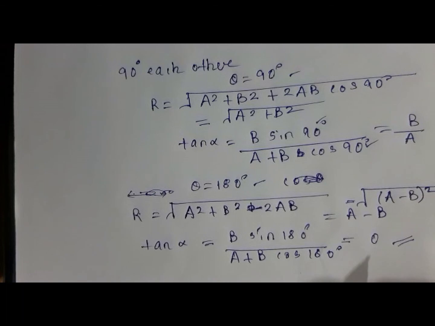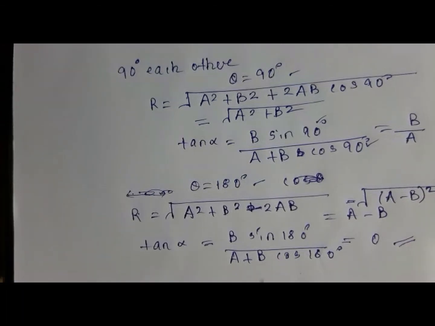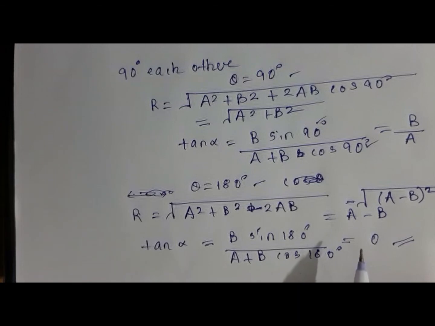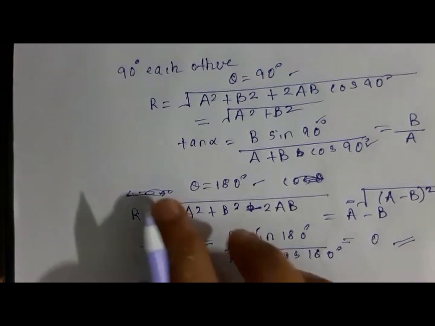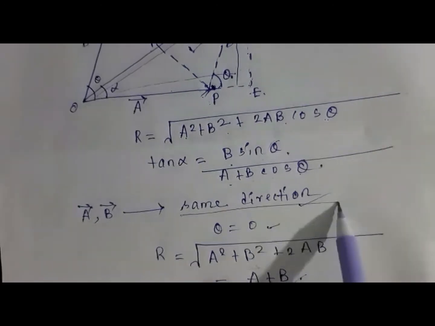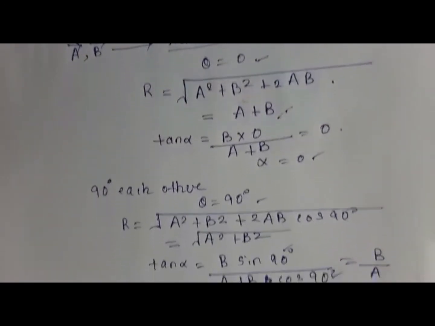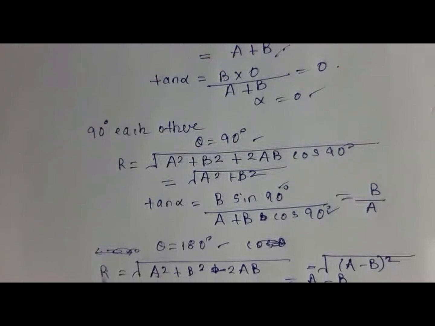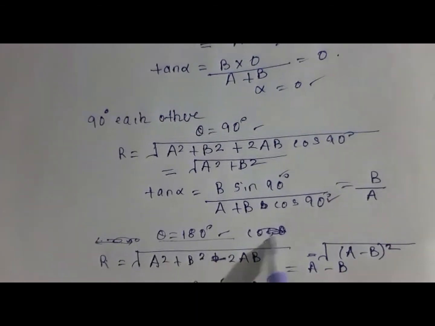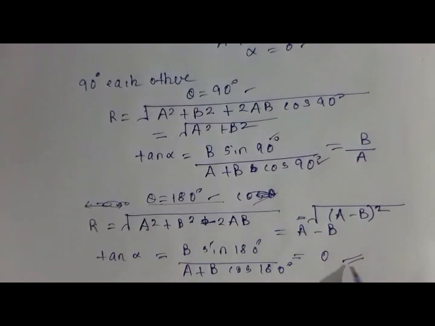So the magnitude of the resultant vector is maximum when your A vector and B vector are in the same direction, and it's minimum when they are in opposite direction. You get 0 for that.